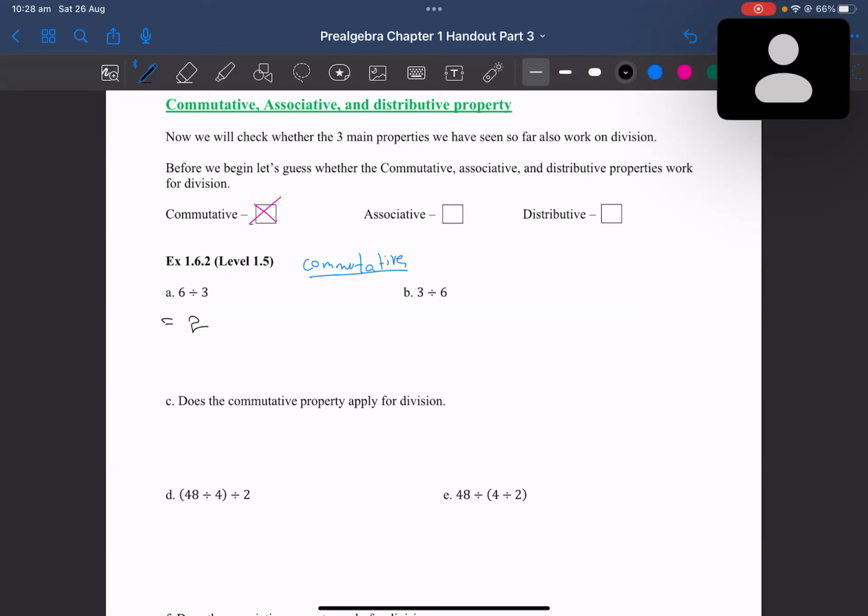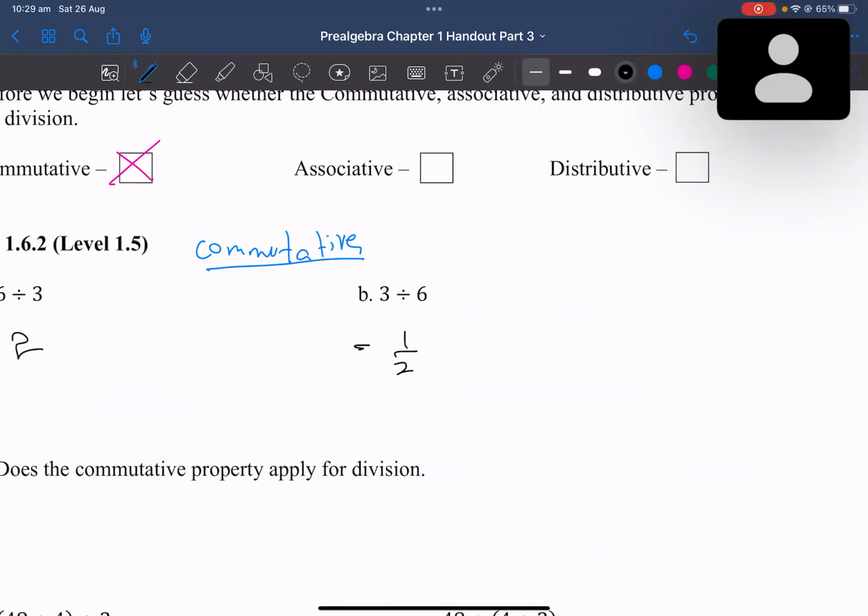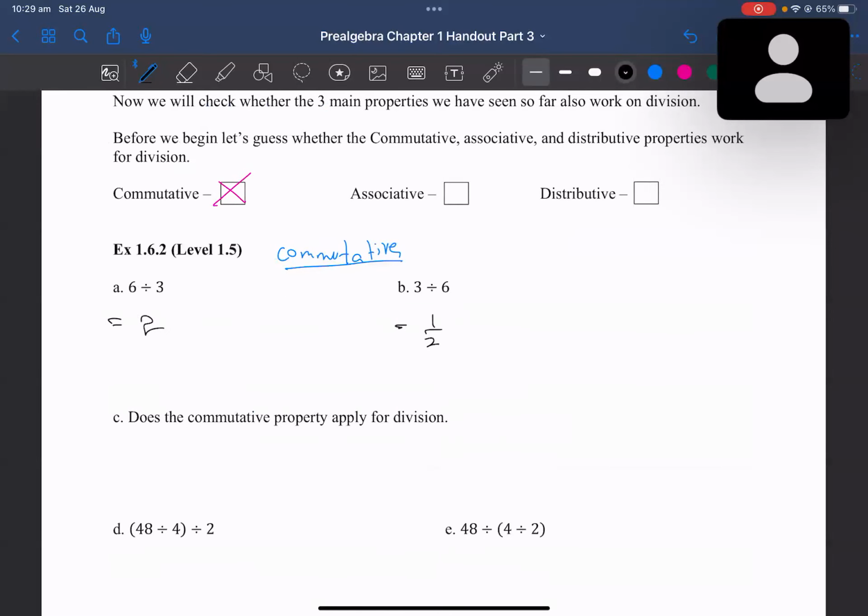No. 3 divided by 6 is a fraction or decimal, it's a half, or 0.5. But it's not 2. It doesn't matter what the answer is, it's not 2. Does that mean it's commutative? No. Commutative means it works for all divisions. If it doesn't work for one of them, it doesn't work at all. So it's not commutative.